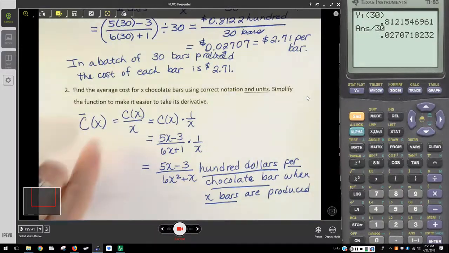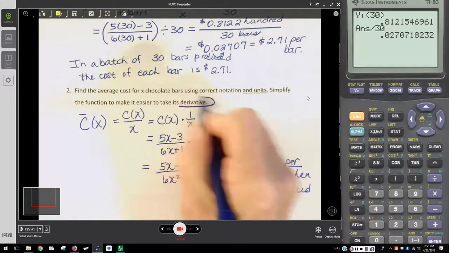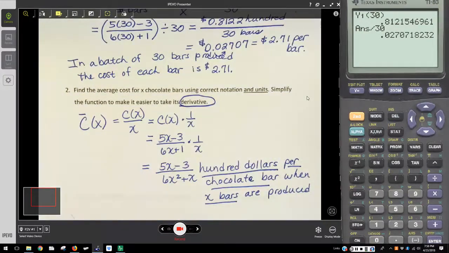And then it says simplify the function to make it easier to take its derivative. So we're going to go ahead and take the derivative of that function, because we're going to need it in the next question.